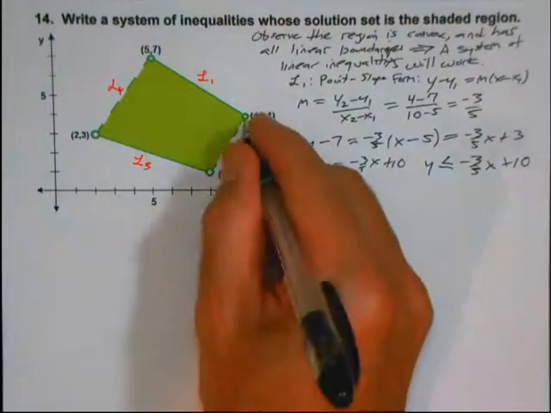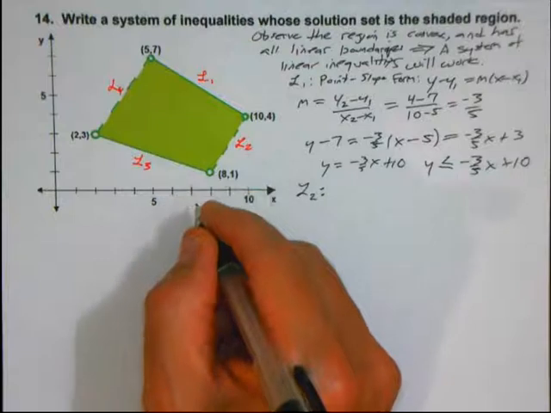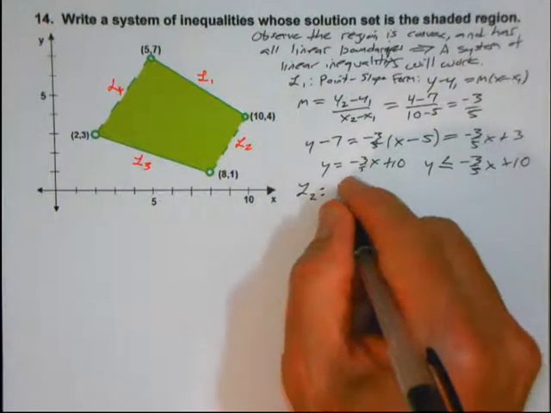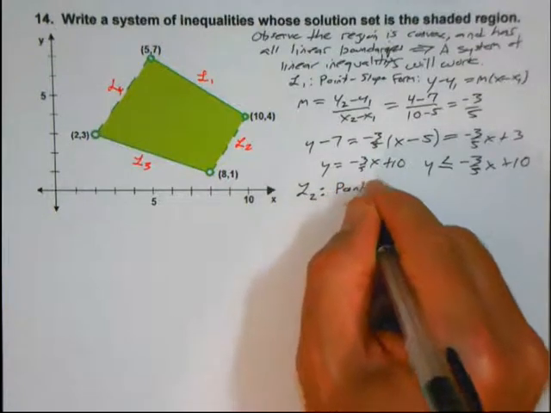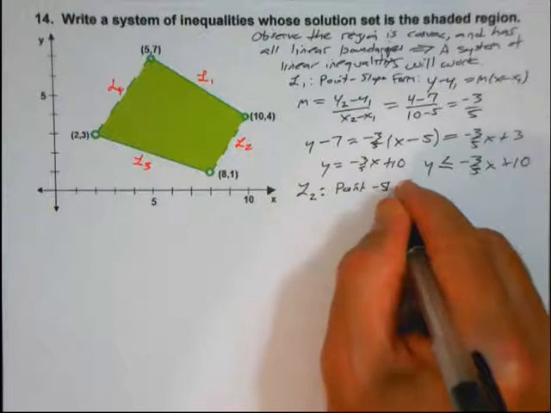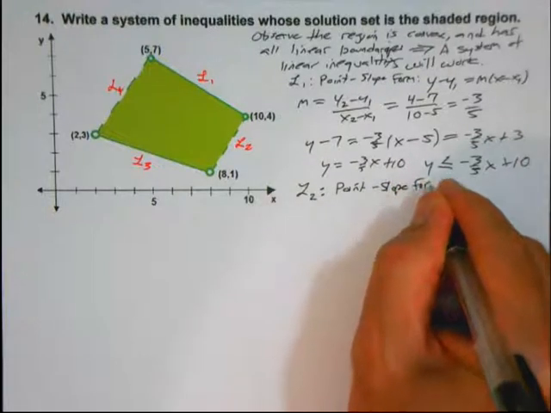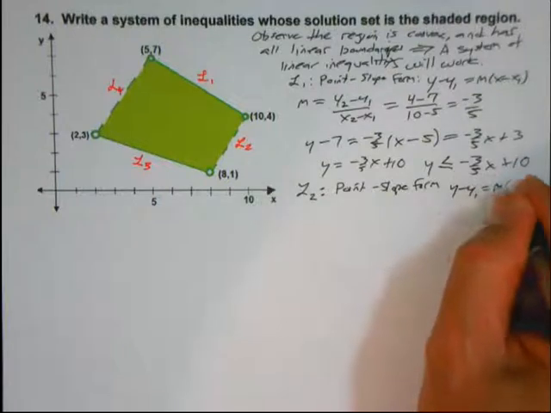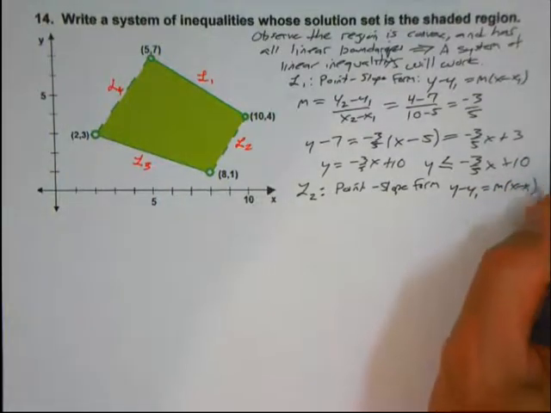And here, what could we do? We need this boundary line. Alright, 2 points. Once again, we could consider point-slope form. y minus y1 equal m times x minus x1.